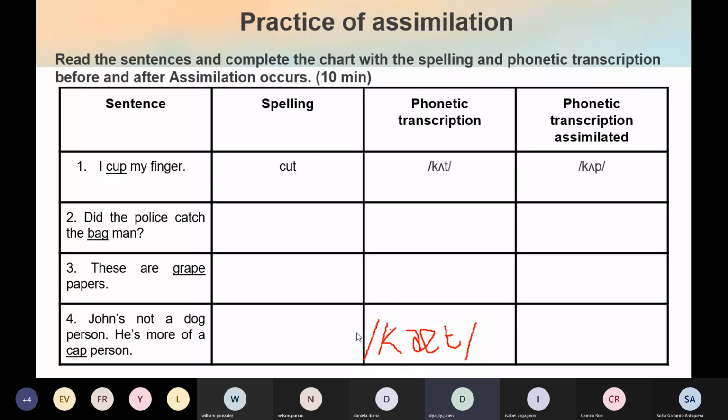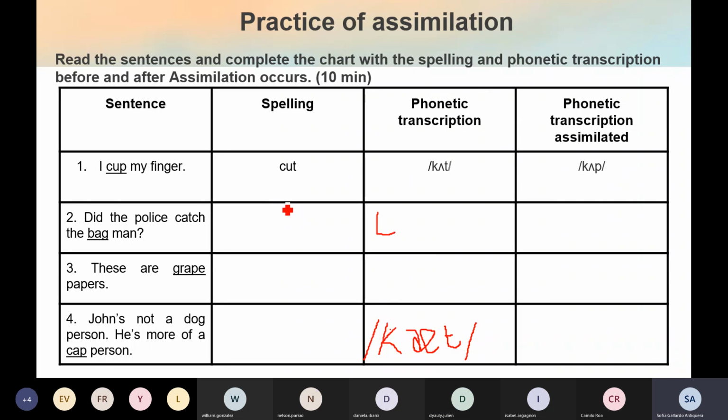Tell me. Whenever we have a p and t, we have an assimilation, right, miss? In those cases, the t always changes to p, right? The t sound changes to p when it is followed by p or b. Bear with me, I'm going to write it.